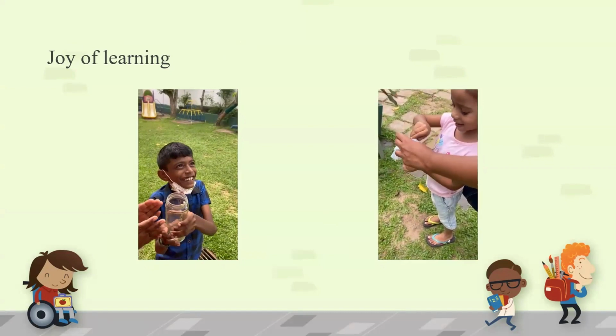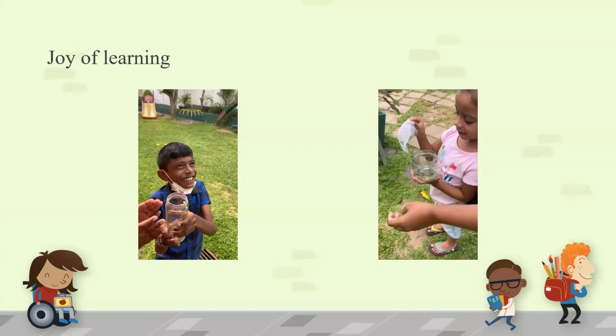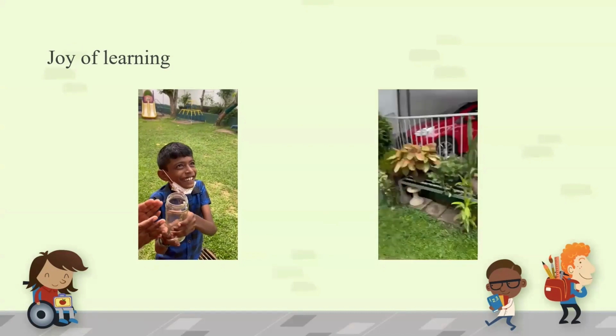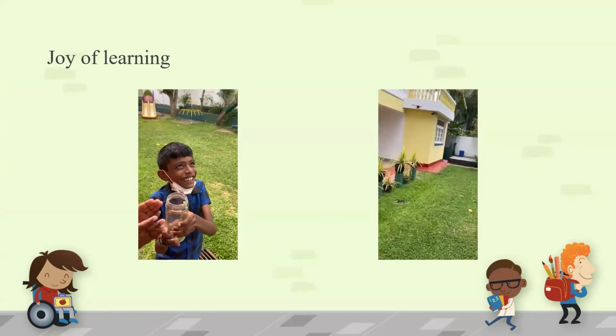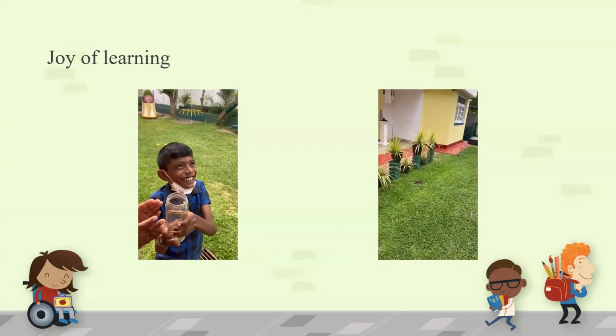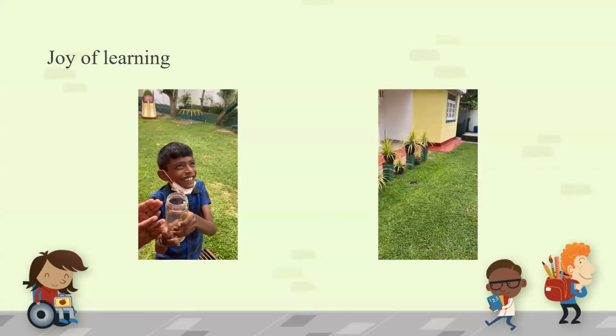You can see how excited she is to let her butterfly go away. That's a whole different experience and a hands-on experience. Children learn so much while engaging in these activities. You can implement this activity in your classrooms as well.